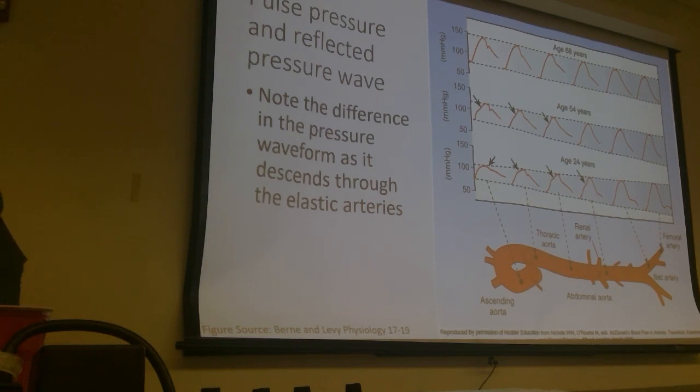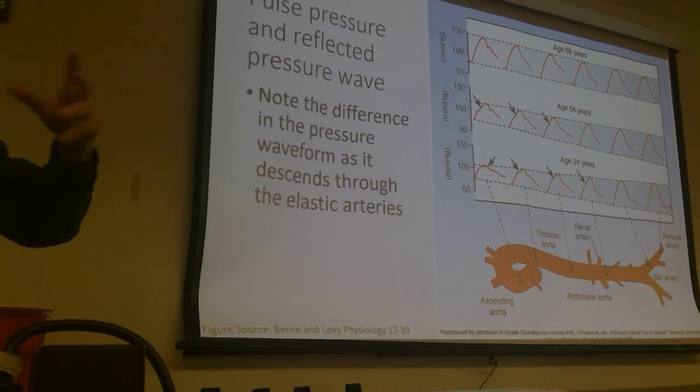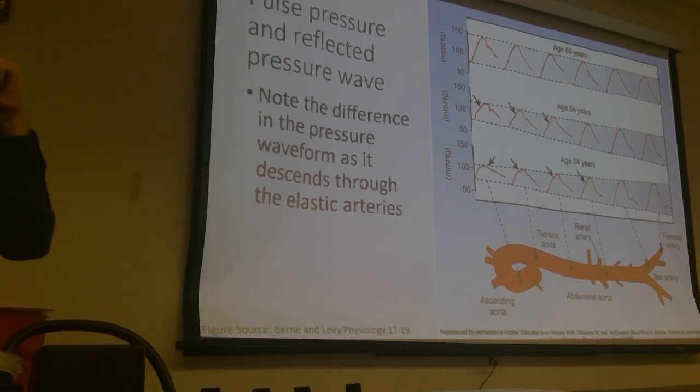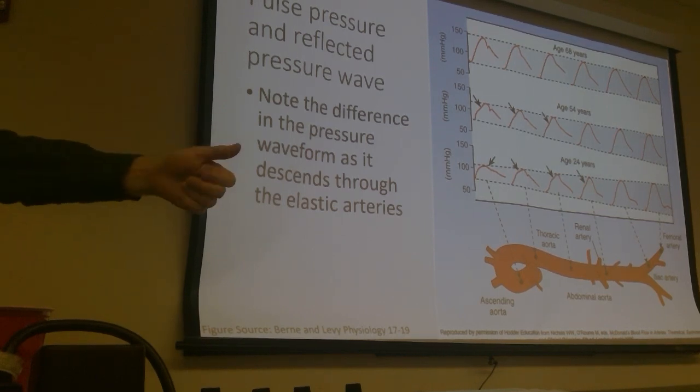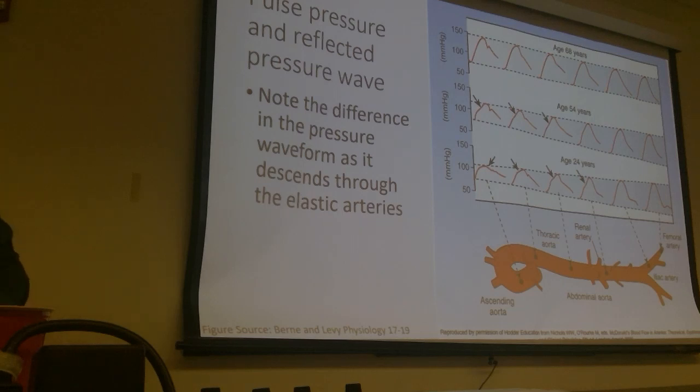Think about the blood flowing through and hitting the walls, which causes a reflected wave to go backwards. So the nearer the end of the aorta, we are mostly in phase. As the reflected wave moves back up towards the aorta, we get what's called dampening.